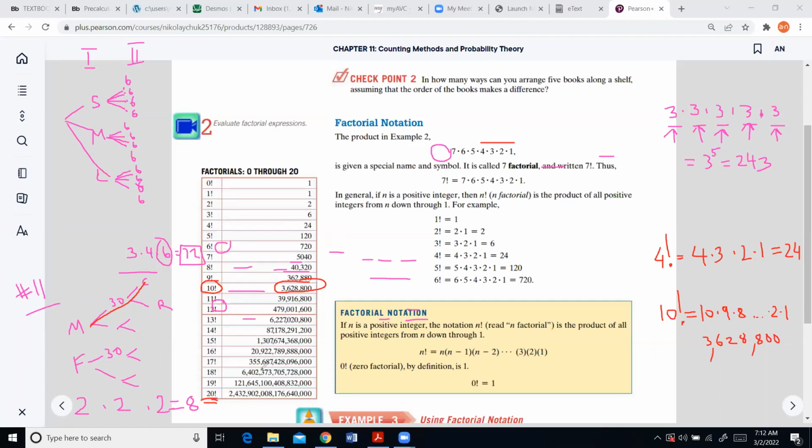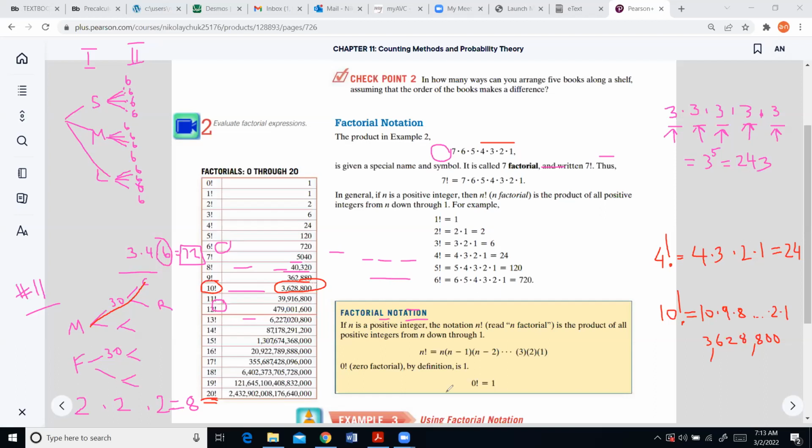Please notice that if you go not 10, but just 20 factorial, the number will deal with what? Million, billion, trillion, quadrillion, octillion, sextillion, 2 sextillion, 432 octillion, 902 trillion, and then you have some more. So it's really the number that is very, very big.